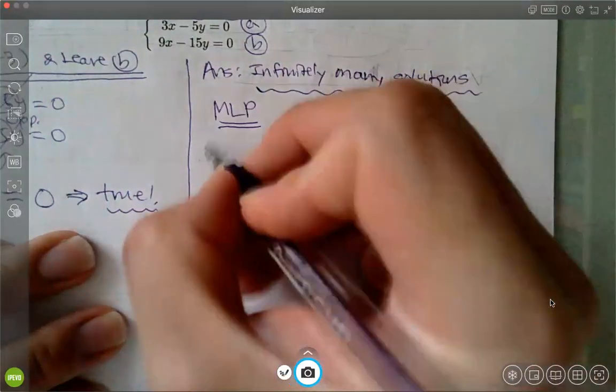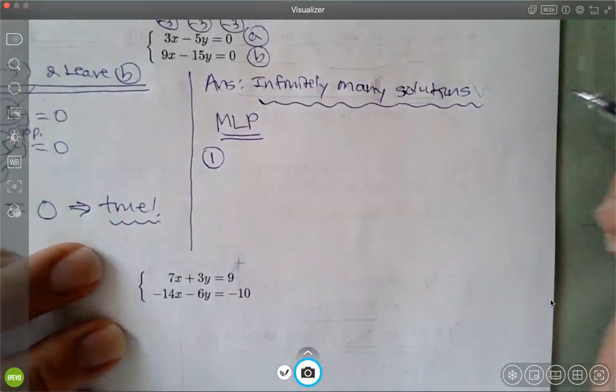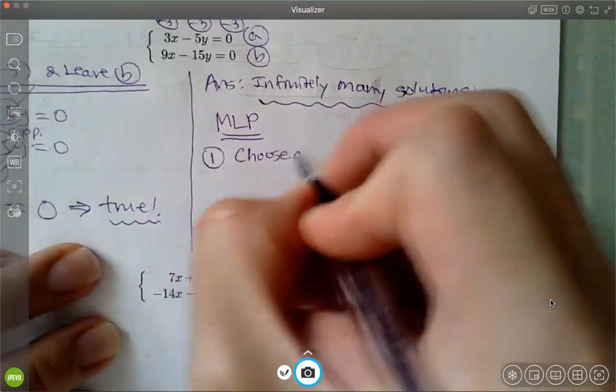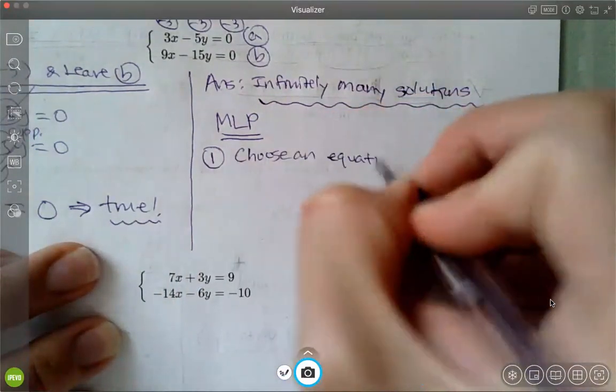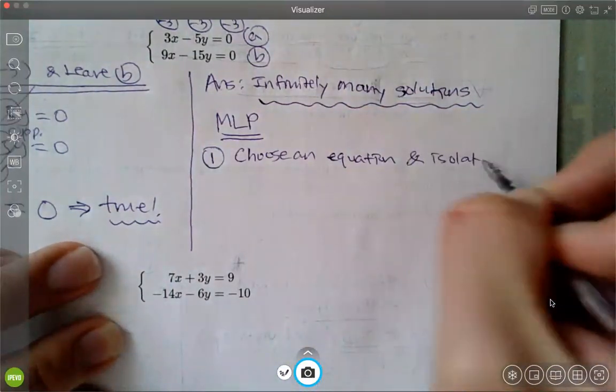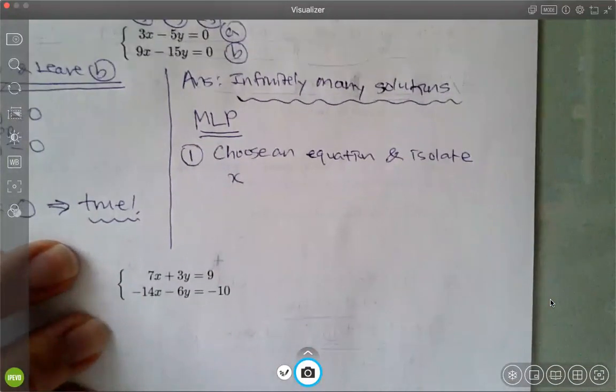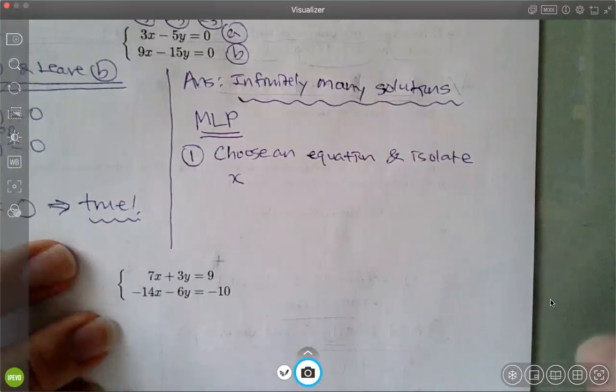Now, what you have to do is, first, you have to choose an equation and isolate x. Okay. Now, what I don't quite remember, although I'm pretty sure that is the case, is you may have to isolate y instead. But it's the same. Okay, it's quite similar.